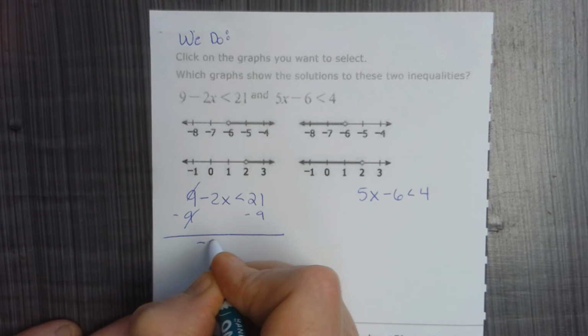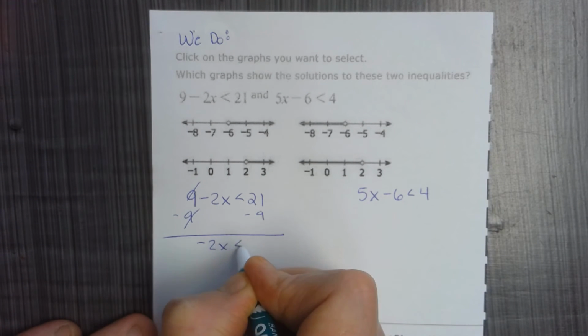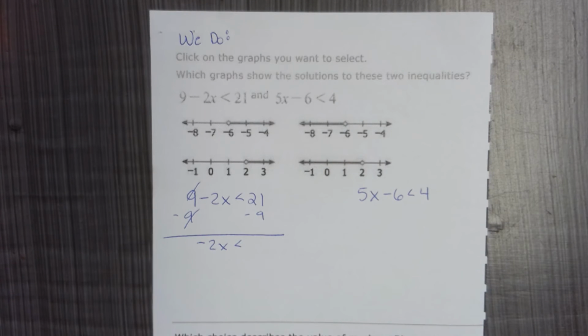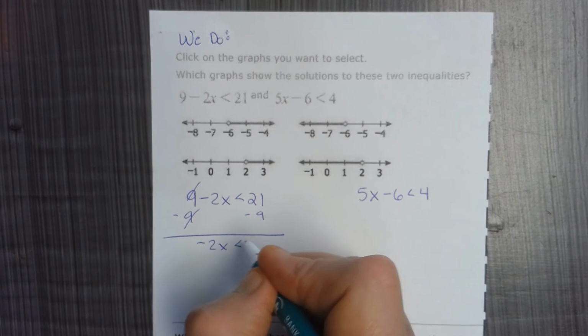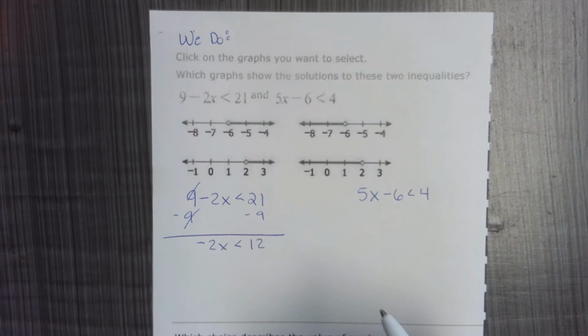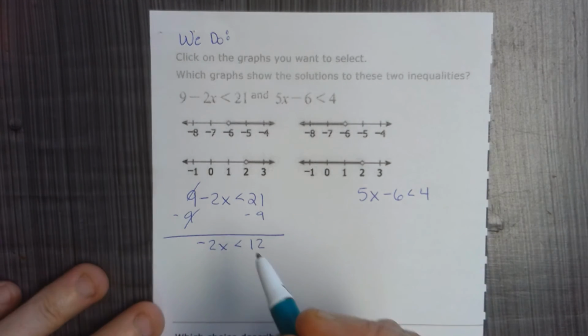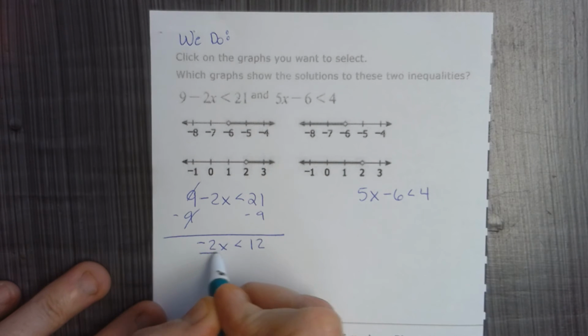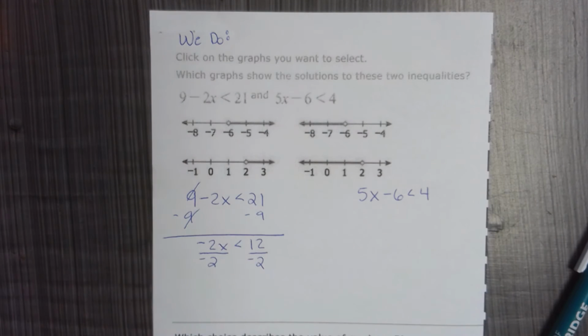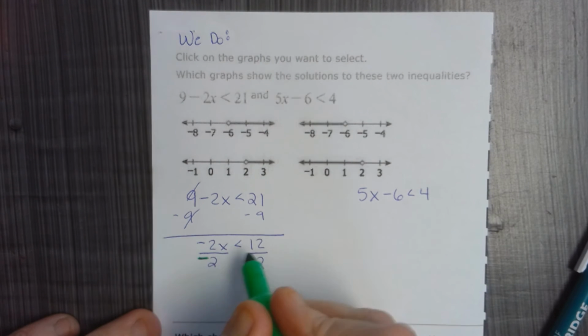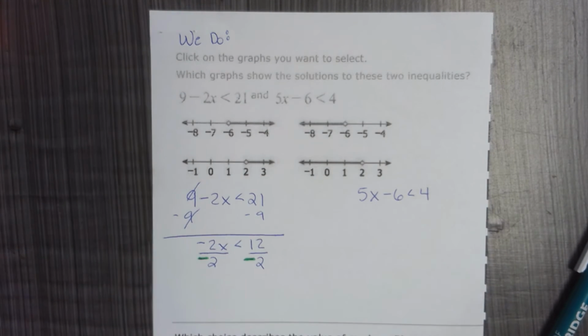Bring down your -2x. Bring down your inequality. 21 minus 9 is 12. And now another source of a mistake here would be we are dividing both sides by a -2. We are dividing both sides by a negative number.